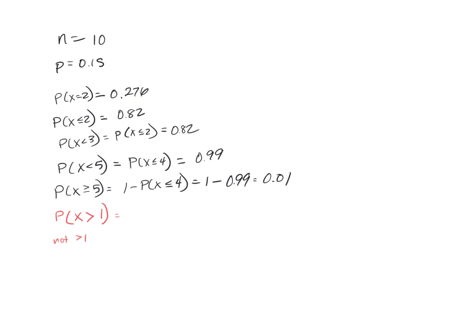So which outcomes are not greater than 1? 0 and 1. 1 is not greater than 1. So I'm going to do 1 minus the probability that 0 and 1, y'all? How do I write that as a less than or equal to statement? Less than or equal to 1.